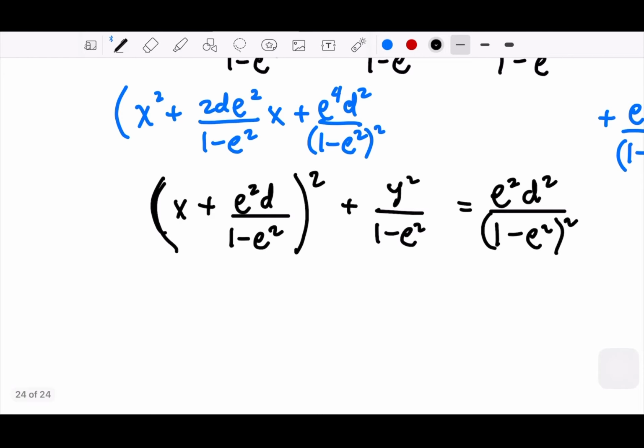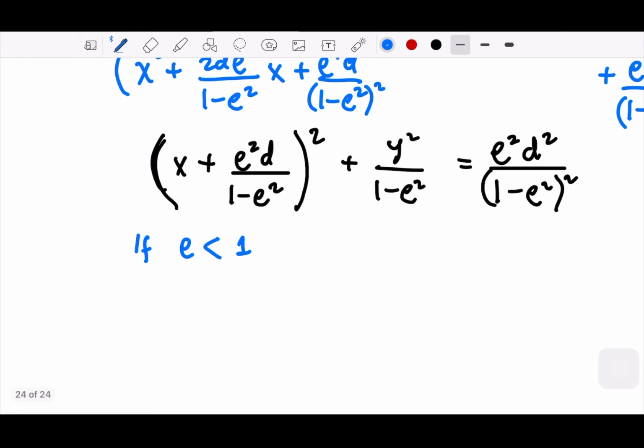Okay, so if E is less than 1, this in fact we can rewrite and compare with the ellipse.